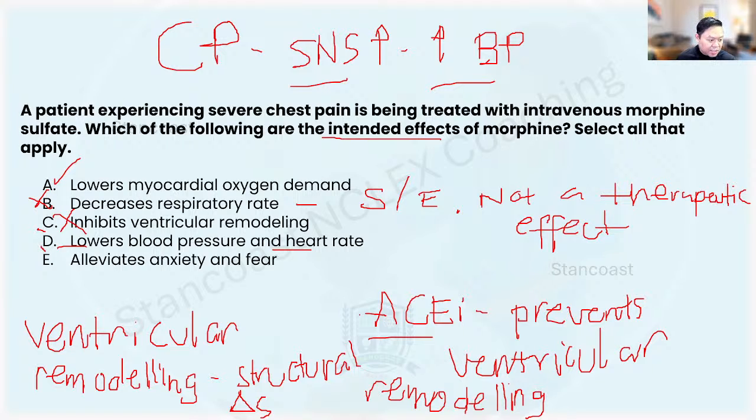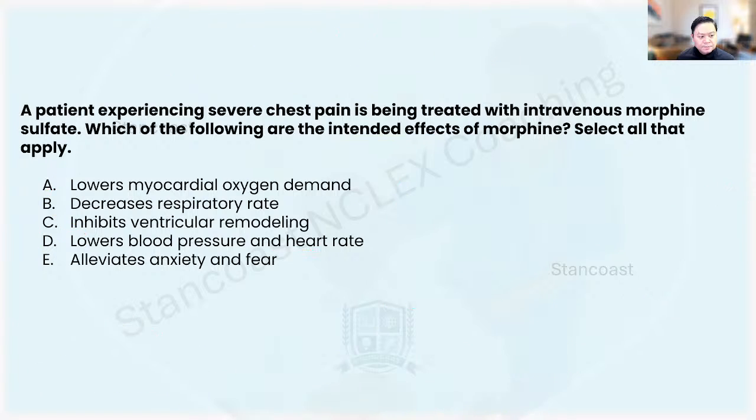Not all, but at least I'm seeing letter D as one of the answers. Now, what about letter E? So let me clear this. This is correct. This is correct. But this one is incorrect. This is incorrect. What about letter E? Alleviates fear and anxiety.